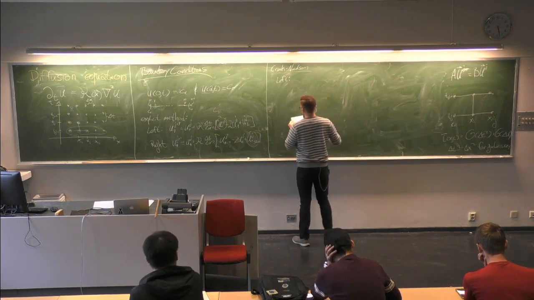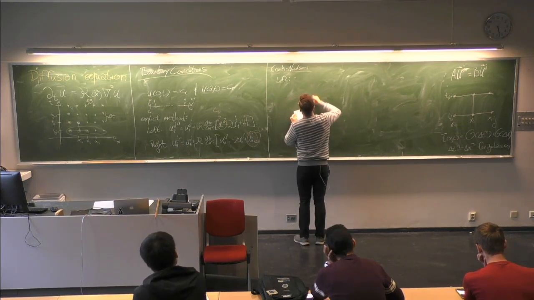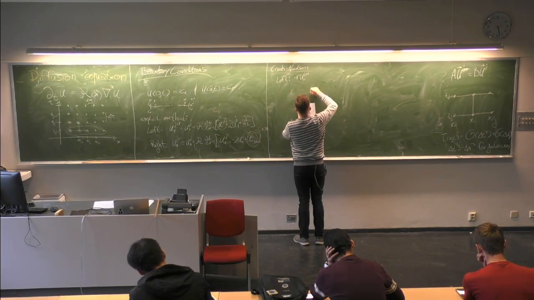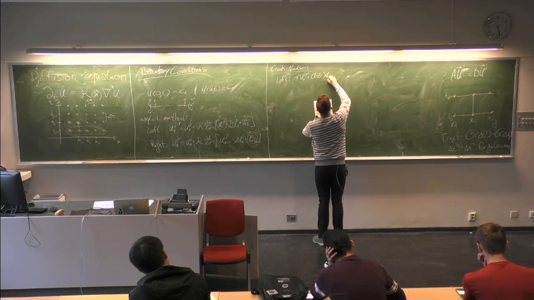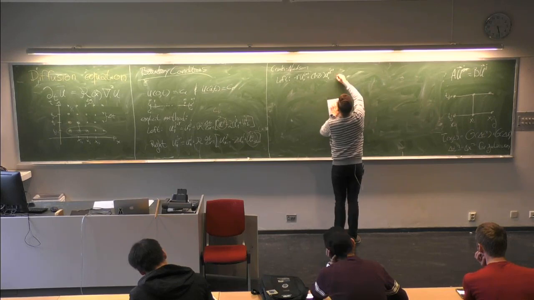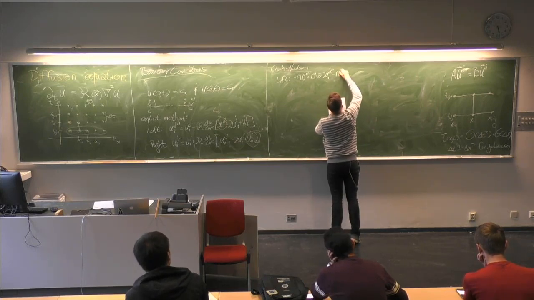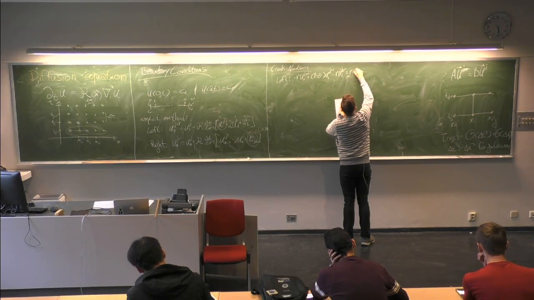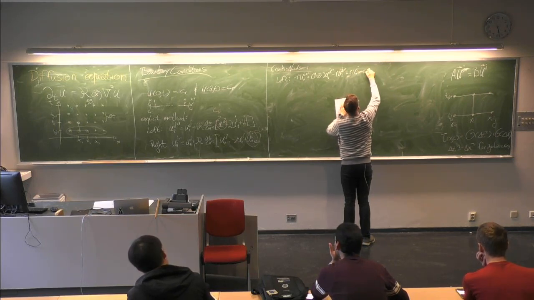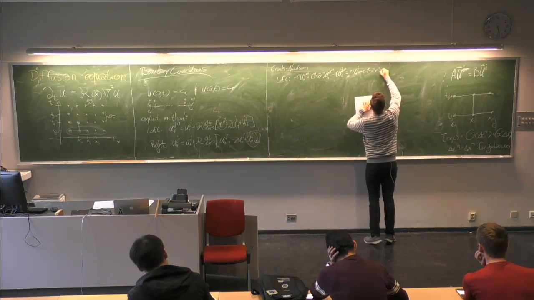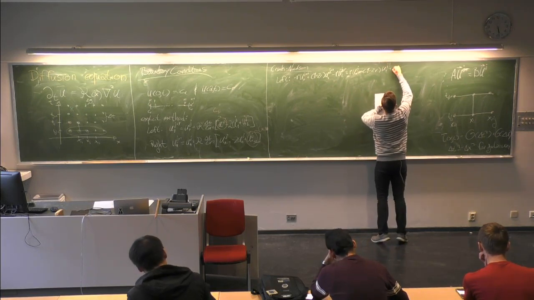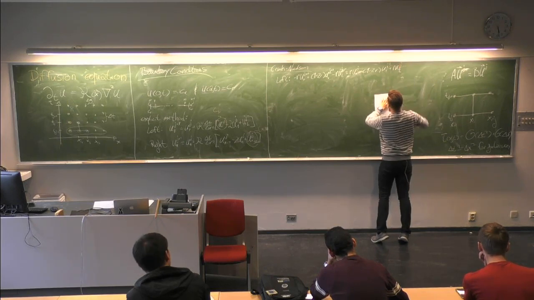Left side: minus r u_0^{j+1} plus (2r plus 1) u_1^{j+1} minus r u_2^{j+1}.